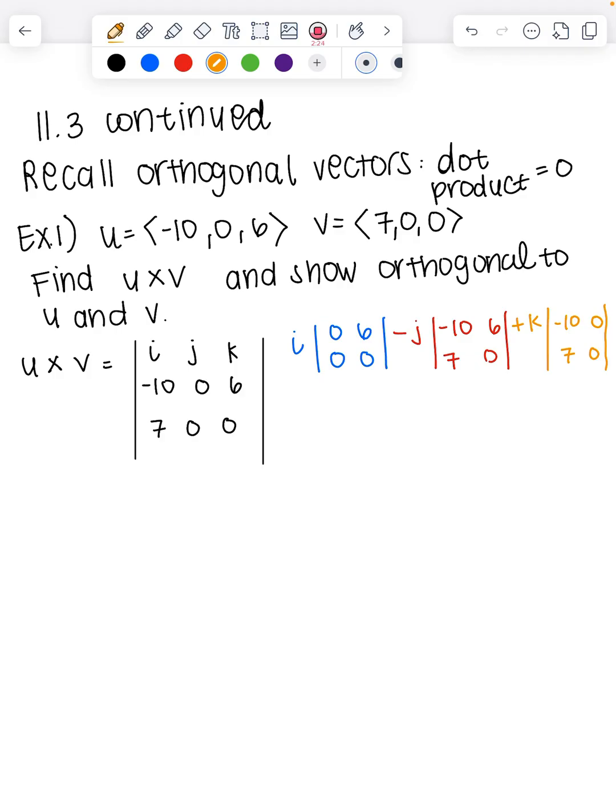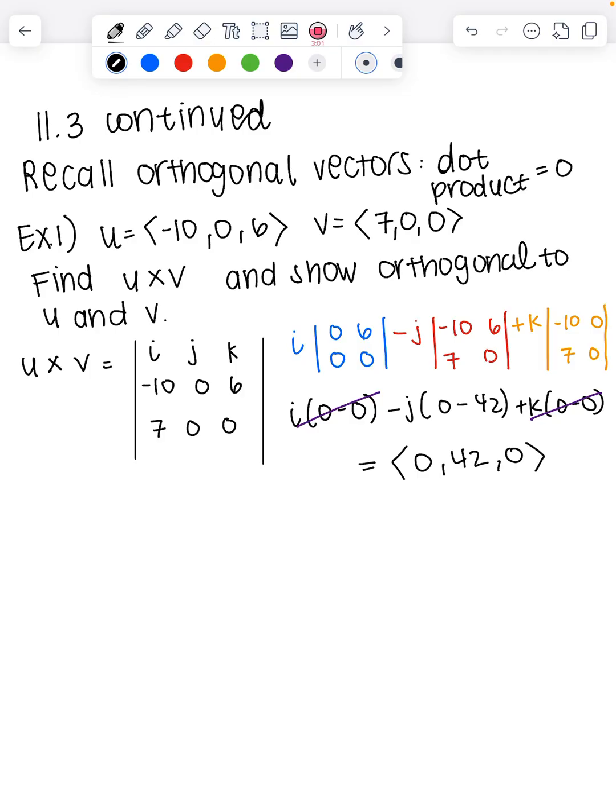So I have i times 0 minus 0, minus j times 0 minus 42, and then plus k times 0 minus 0. So what I actually get is, this cancels, this cancels, and so I have a positive 42j, which means I have 0, 42, 0.